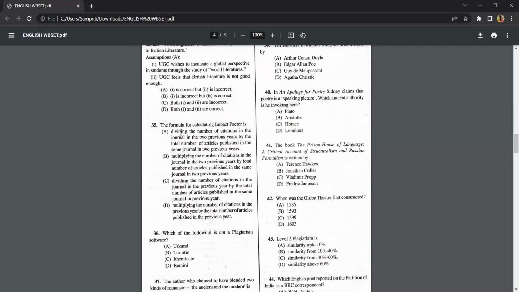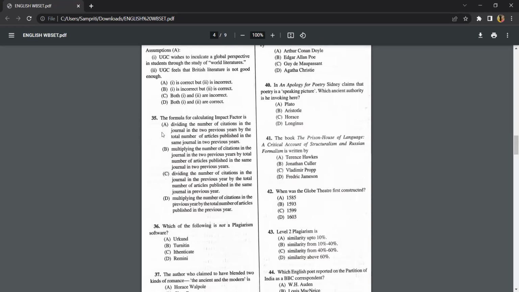So impact factor is dividing the number of citations in the journal in the 2 previous years by the total number of articles published in the previous 2 years. So option A, dividing the number of citations in the journal in the 2 previous years by the total number of articles published in the same journal in 2 previous years. 35, A is the correct answer.